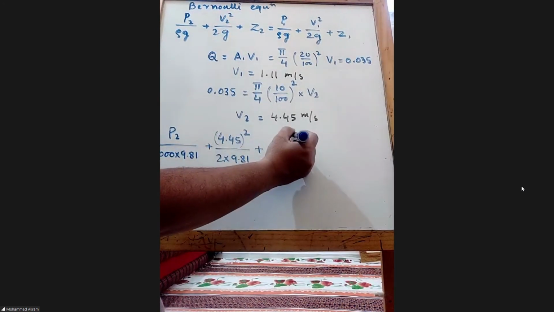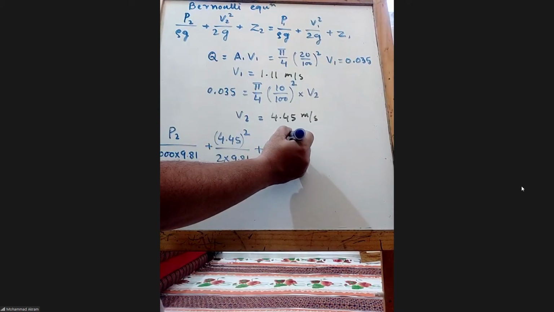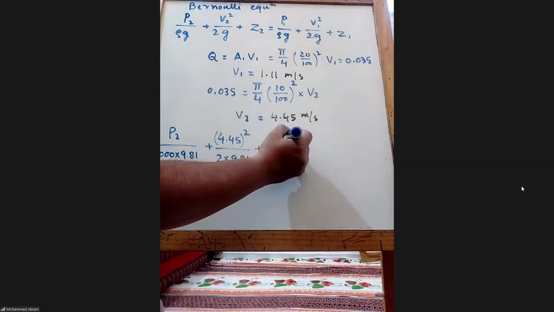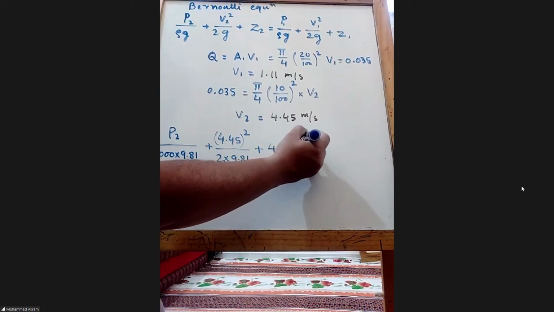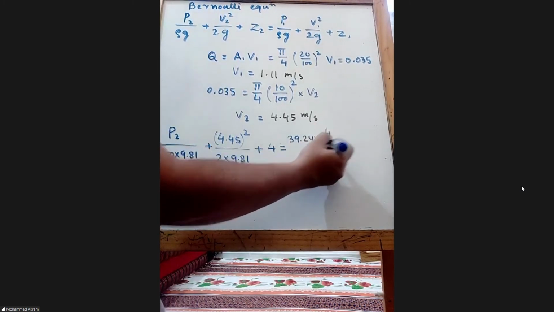P1 is given, how much is P1? Please tell me the value of P1. It's 39.24 multiplied by 10 to the fourth power.